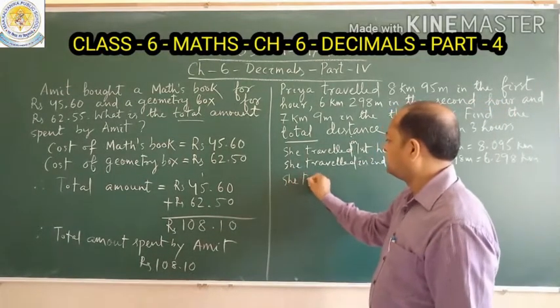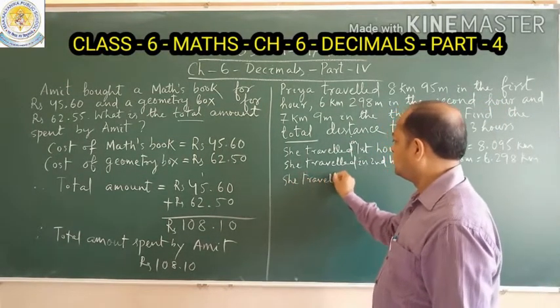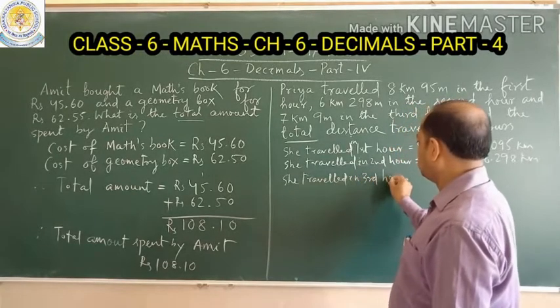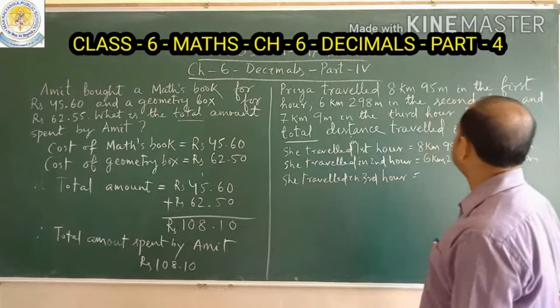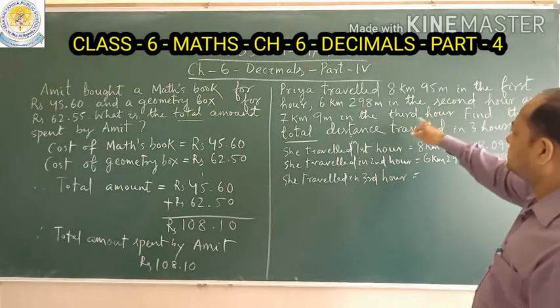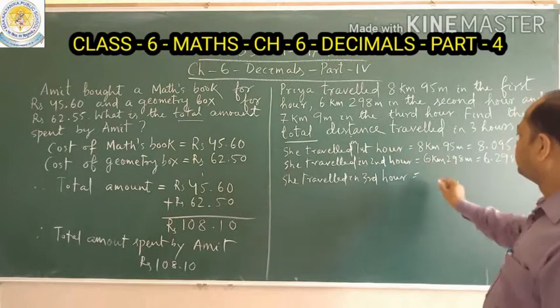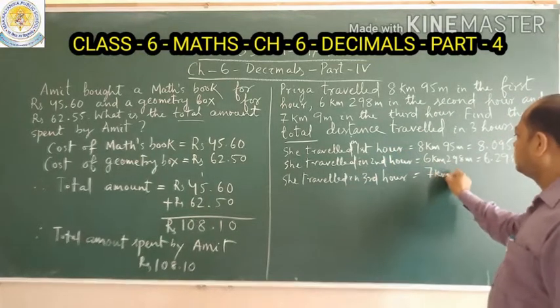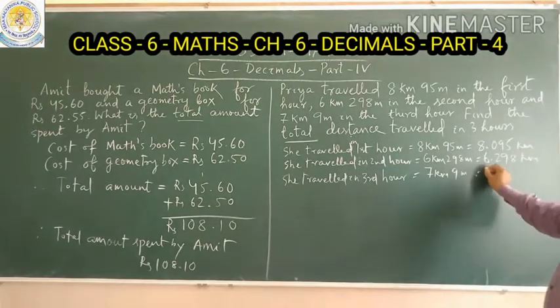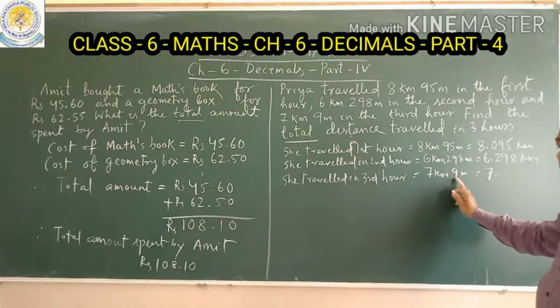Okay. Now look at the third hour. In the third hour she traveled 7 kilometer 9 meter. So write 7 point. 9 meter means after the decimal how many places should there be? 3 places.